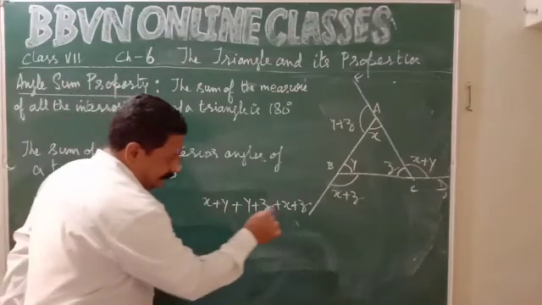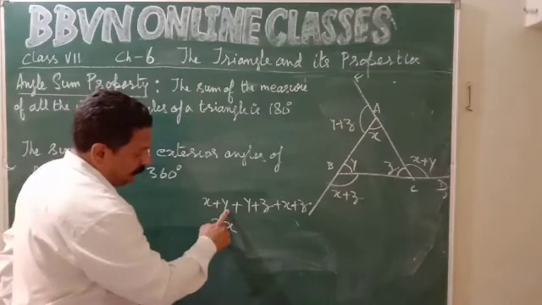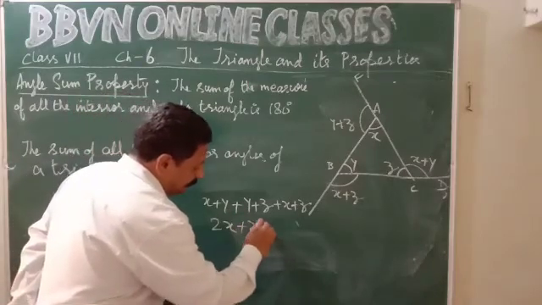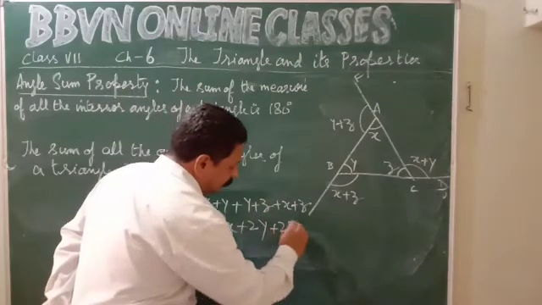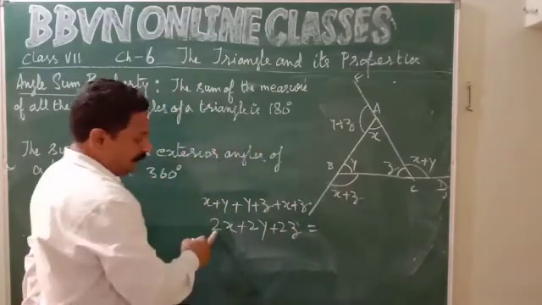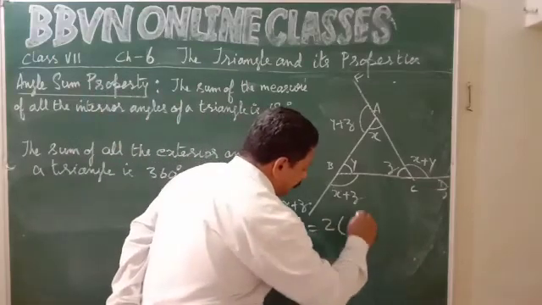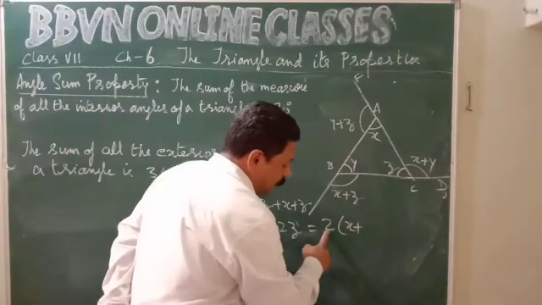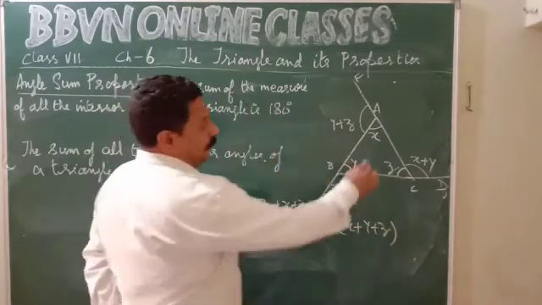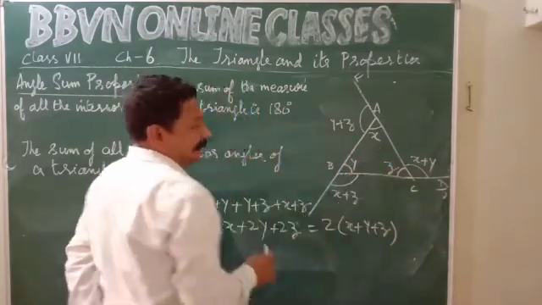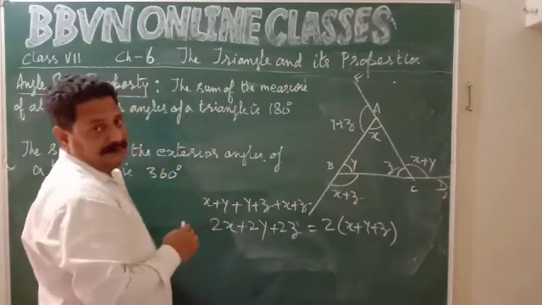So this is X, this is X. It becomes 2X. Y plus Y becomes plus 2Y. Z plus Z becomes 2Z. Can I take 2 common in all the 3? If I take 2 common, I am left with 2 multiplied by X plus Y plus Z. What are X, Y and Z? X, Y and Z are the interior angles of this triangle.